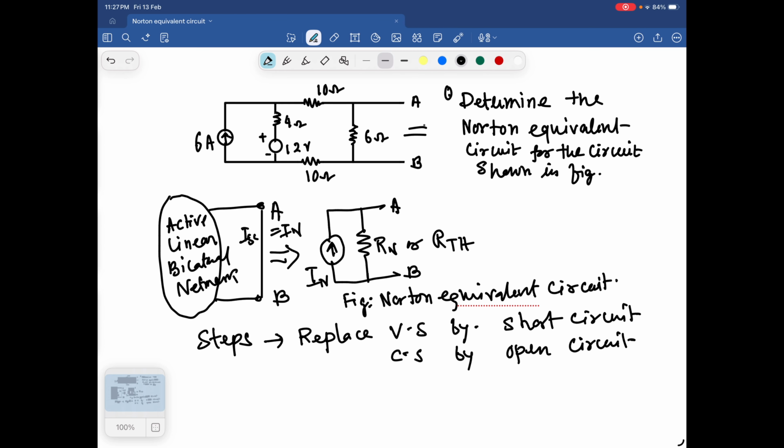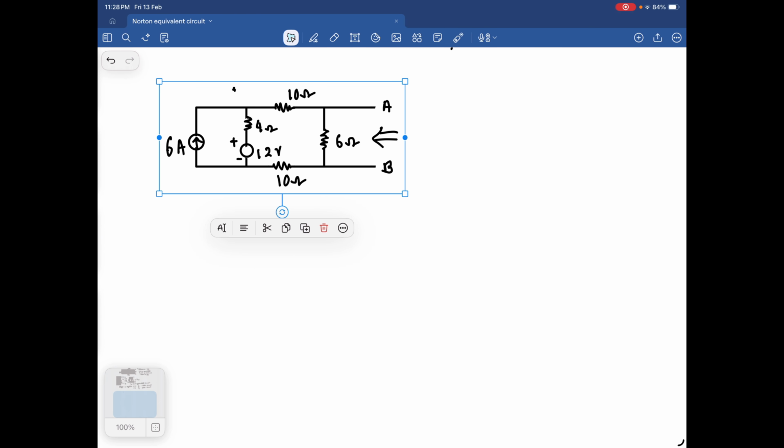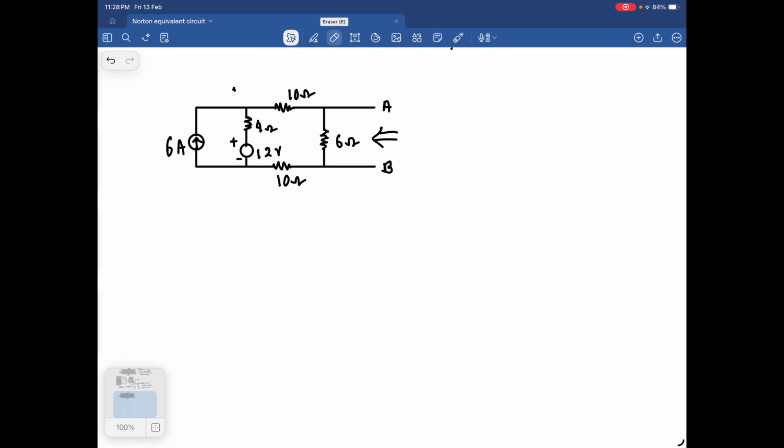So we have to redraw that circuit. So these are the circuits. Now what to do? We have to find out the equivalent resistance of this network. So we will replace the voltage source by a short circuit.